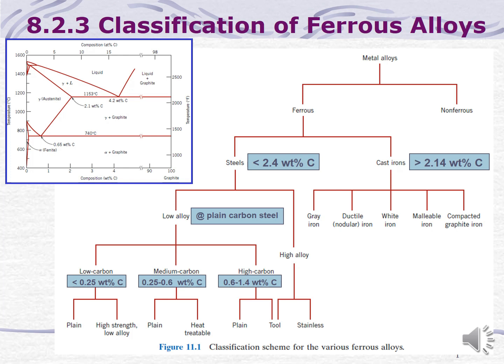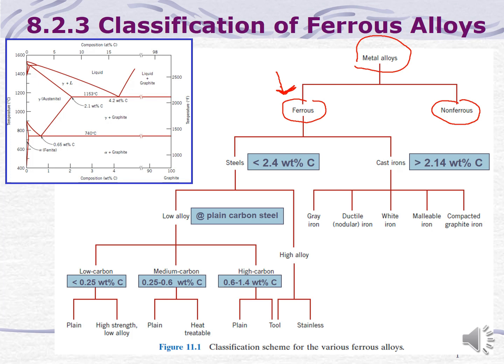Now let's look at the classification of ferrous alloys. As we know, metal alloys can be divided into ferrous and non-ferrous. In this subtopic, we will focus on the classification scheme for the ferrous alloys.